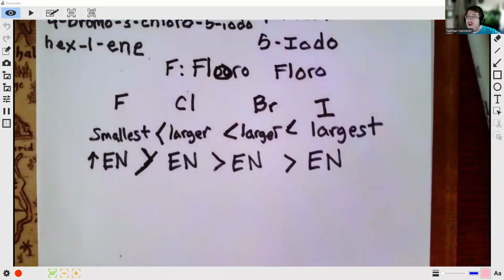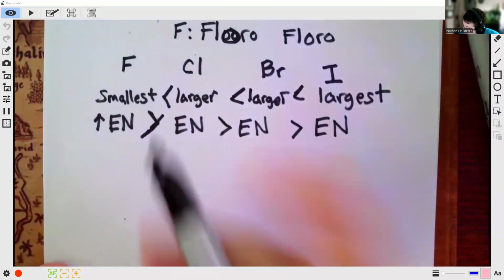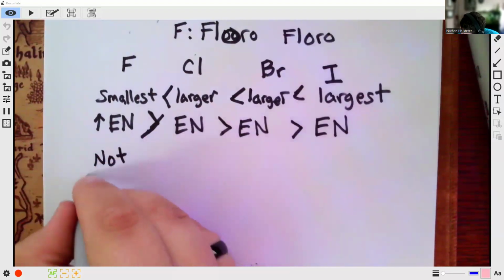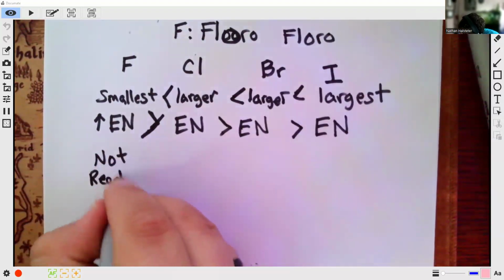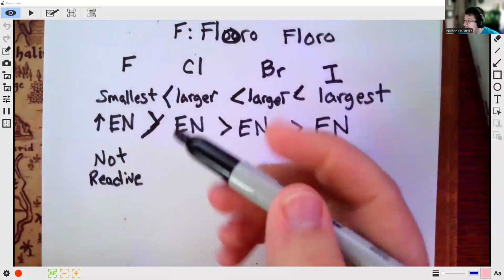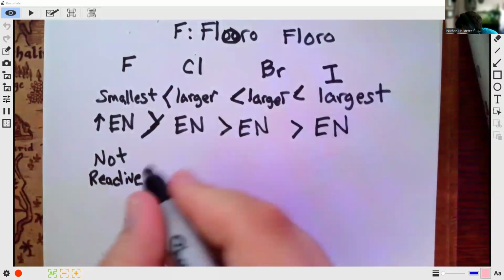So there's our halogens. For some reasons we're going to talk about, the reactivity of these halogens is different from one another when they're attached to an alkane like this. For our purposes, an alkyl fluoride is not reactive. A few different reasons for that. I'm not really going to get into it, but the trend is what I care that you know.